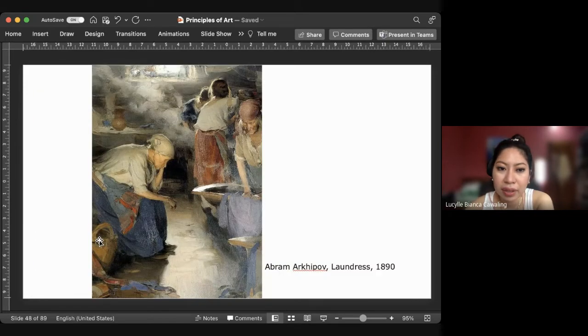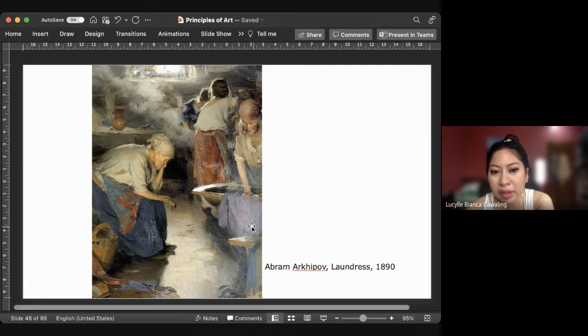And another one, this one by Abraham Arkhipov, The Laundress. You could see how the smoke can give out a sense of movement. And also there is a little blurred area here, in contrast to here that stands still. This is a little bit blurred, meaning it gives out a sense of movement.